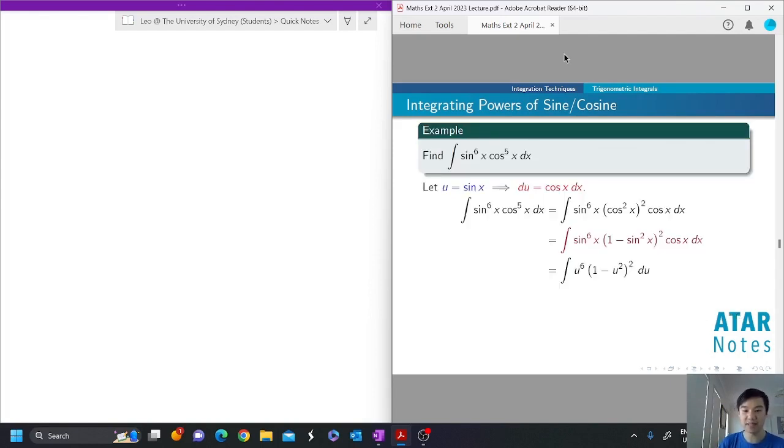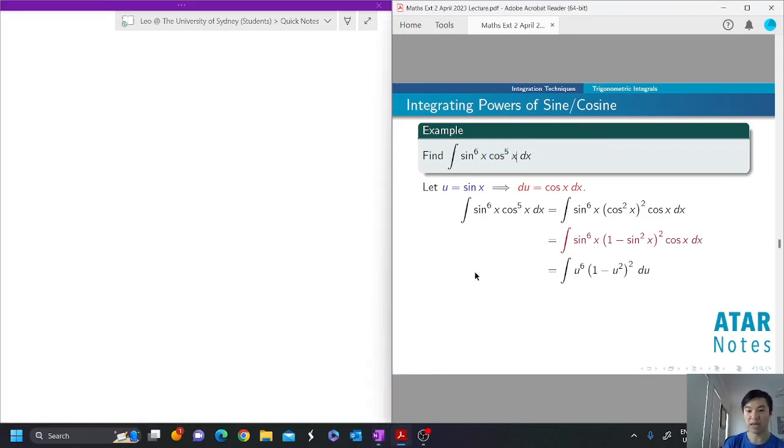So let's look at integrating powers of sine and cos now. Let's say we have the integral of sine to the power 6, cosine to the power 5, dx. So sine x to the power 6 times cos x to the power of 5. In this case, notice how the cos x is the one with the odd power.